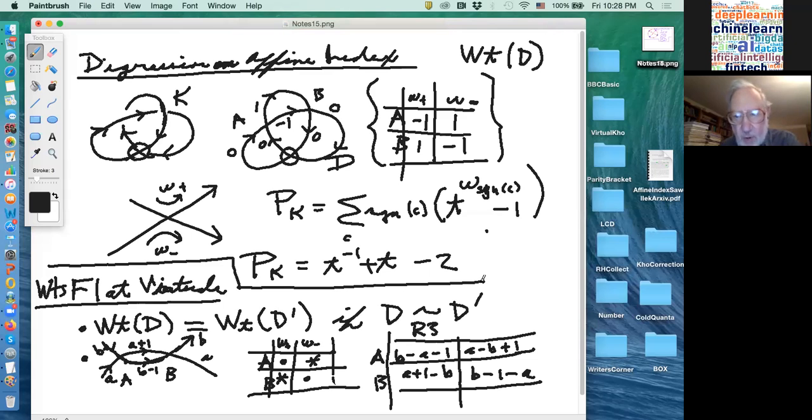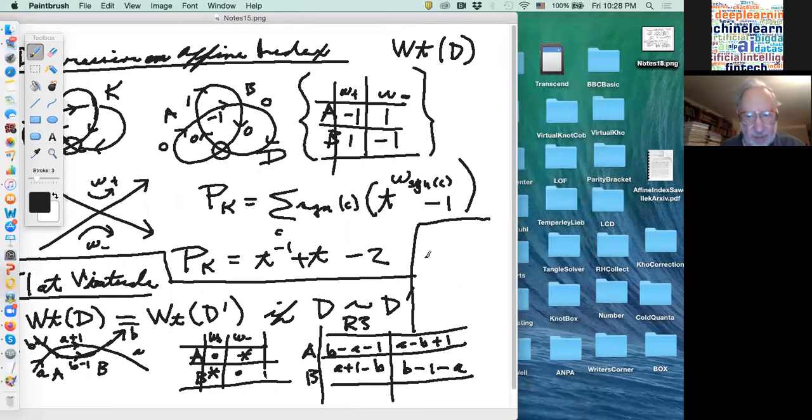So I want to be as simple-minded as possible in this, and I want to state a result about invariance. So I can say the following, that if the weight of a diagram is invariant, I'm sorry.